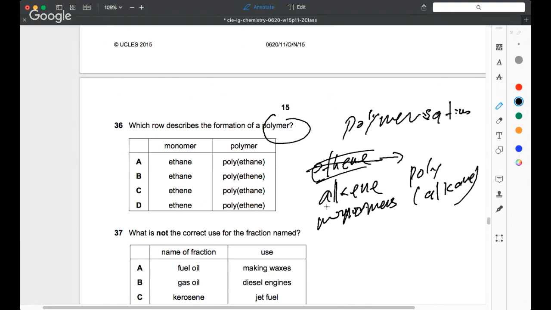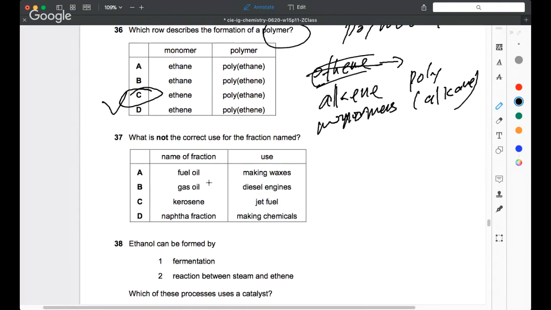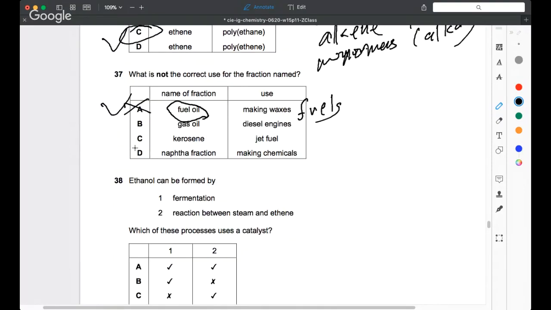So we go from alkene to alkane. That will be choice C. 37, obviously, A is wrong. A fuel oil is used to make fuels. So the choice is A.